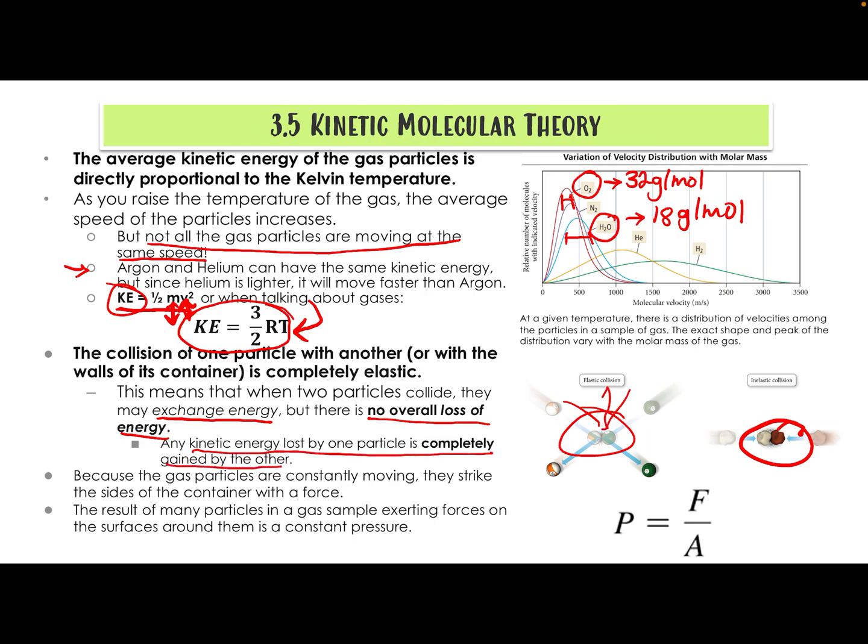There's no loss of energy to the environment, but with the clay balls, they may hit each other, and you see that there's going to be a loss of energy to the environment in an inelastic collision. So because the gas particles are constantly moving, they strike the sides of the container with a force. The result of many particles in a gas sample exerting forces on the surfaces around them is a constant pressure.